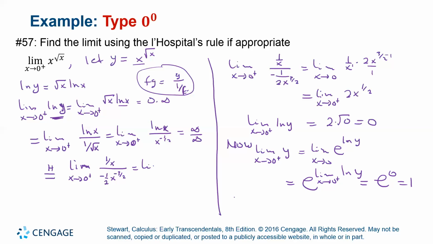What we're saying is that our answer, the limit as x goes to 0 from the right of the original, x raised to the square root of x, is equal to 1. And that gives us the answer. That is the first type, where we have 0 raised to 0. And take the limit as x goes to 0 from the right.